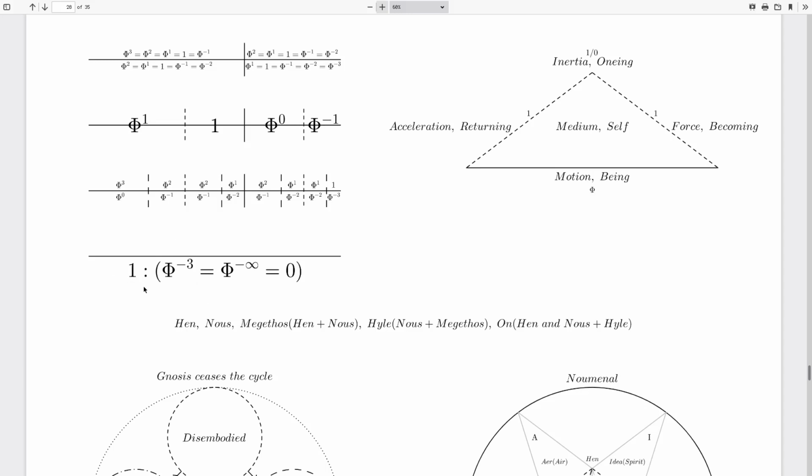So it's in terms of the ratio and not the measure in itself. So this part is not really about the measure, but metaphysical representation.